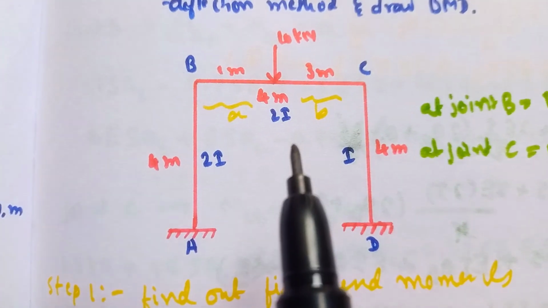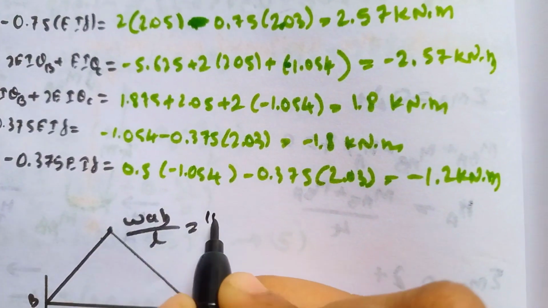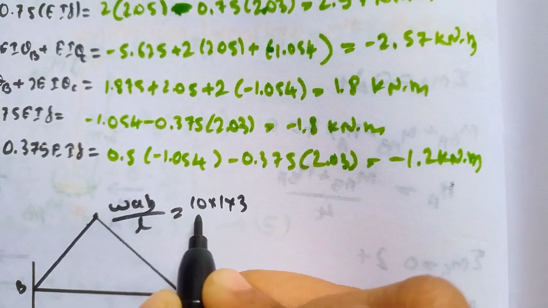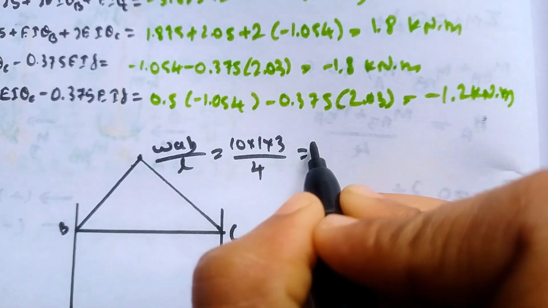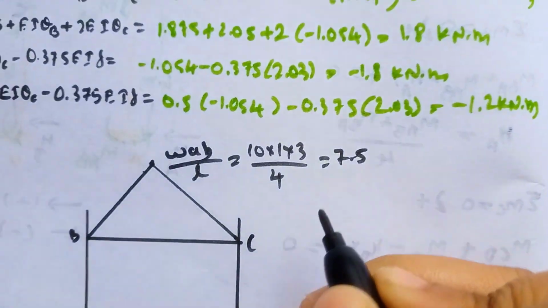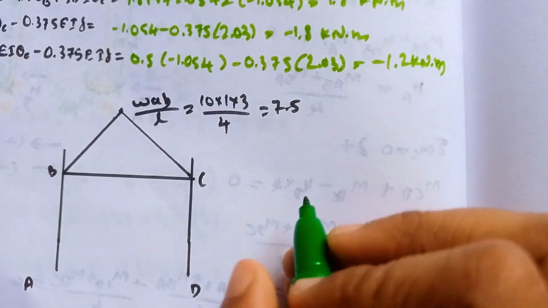So 10 into 1 into 3 divided by 4. By simplifying, it will come out as 7.5. The maximum height of this triangle is 7.5.